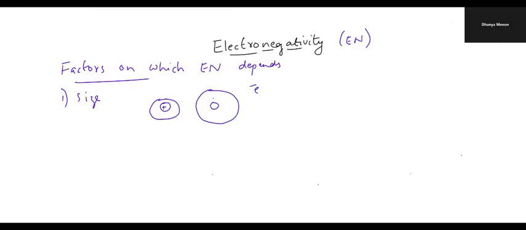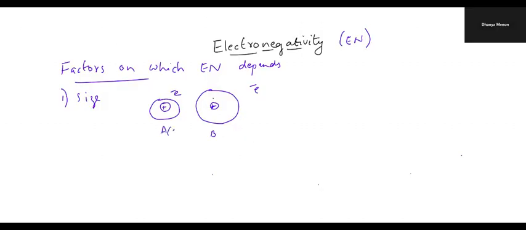Obviously, it is the smaller atom, because the nucleus is very close to the electron and it can pull the electron towards itself. But in the bigger atom, atom B, the positive nucleus is very far away from the electron, so it will attract, but less strongly than atom A, which is very small.